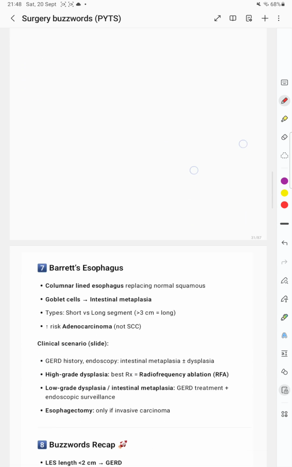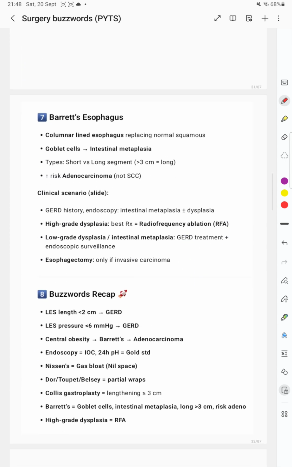Now we have one more topic here, a complication of GERD. This is Barrett's esophagus. Here there is intestinal metaplasia, the columnar lined esophagus replacing the normal squamous. This columnar epithelium is normally present in the stomach and intestine, but now it is covering the esophagus.